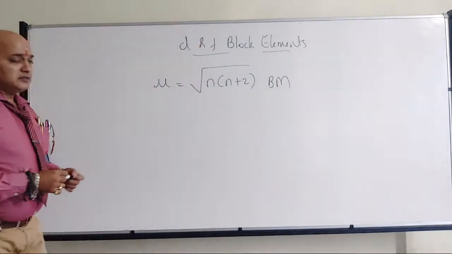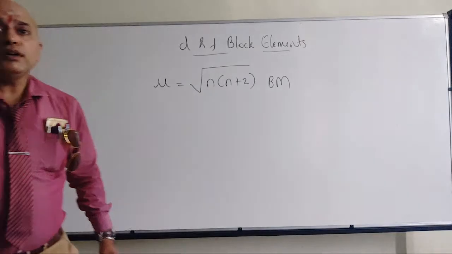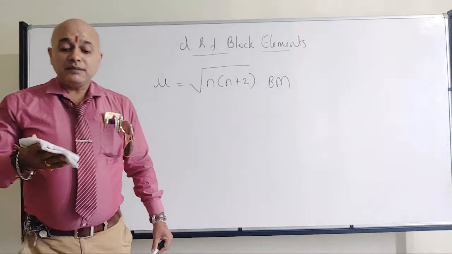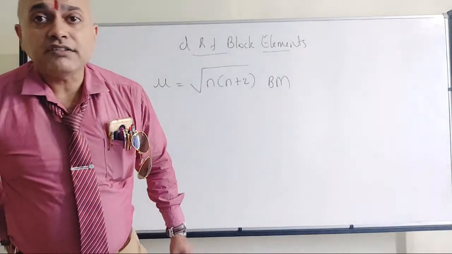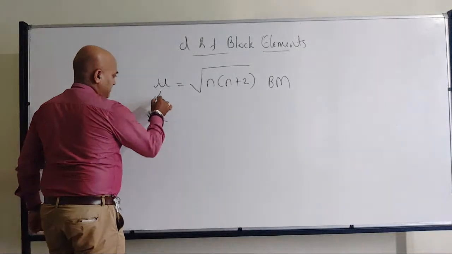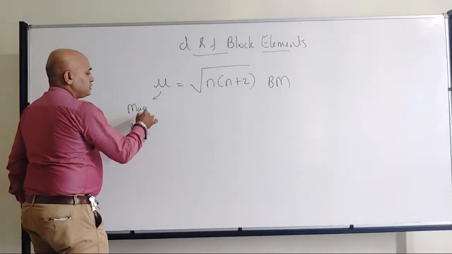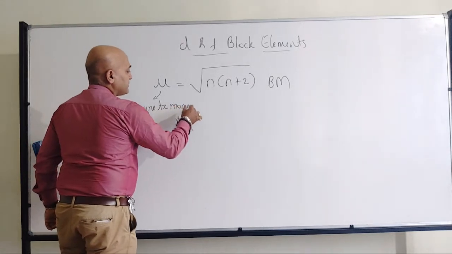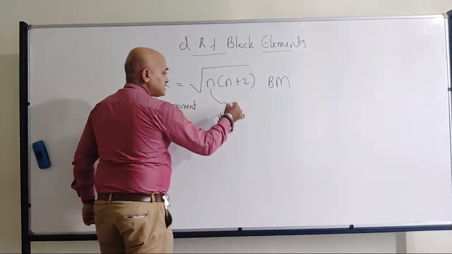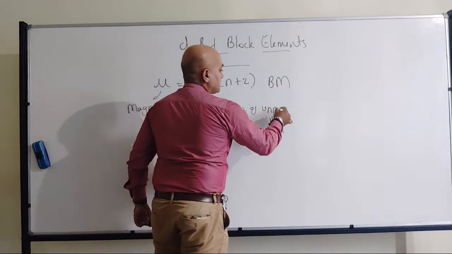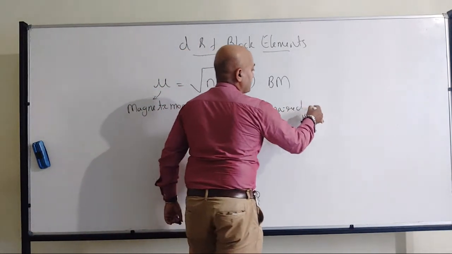Whatever answer comes, it should have the unit Bohr magneton. By using this equation, we can calculate magnetic moment for any element. Here mu stands for magnetic moment, and n stands for number of unpaired electrons.